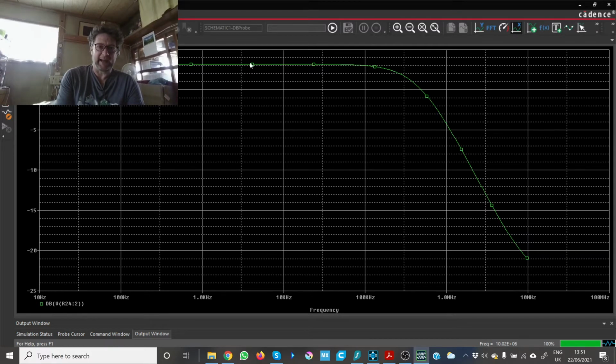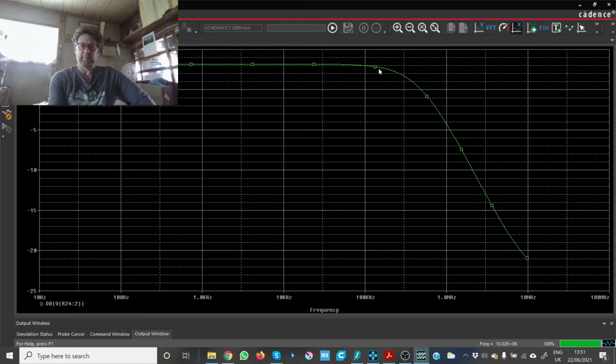So we've got a flat area here right across the audio range. I don't know why it's not actually at 0 dB. It's at 1, 2, 3 dB, which implies a gain of double, of 2, but I'm attenuating, so I'm not quite sure why that's happened.